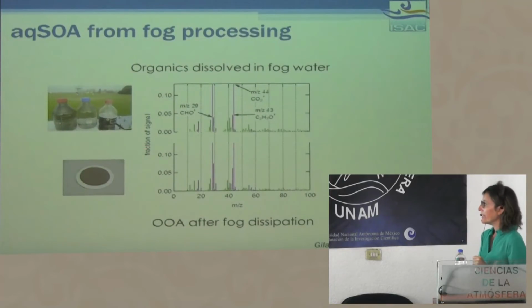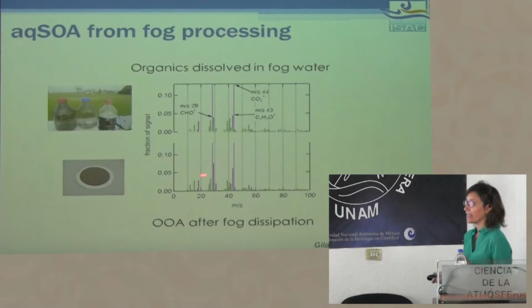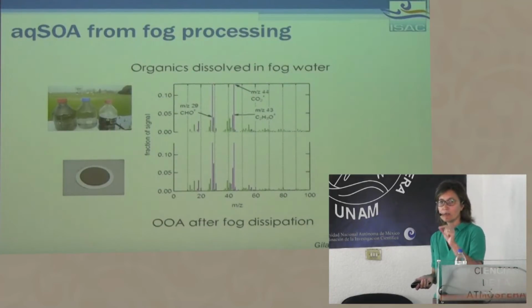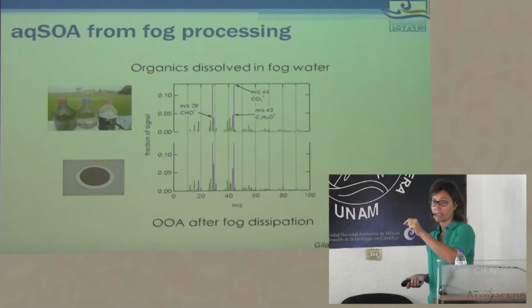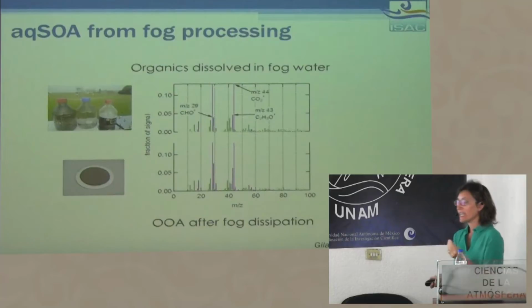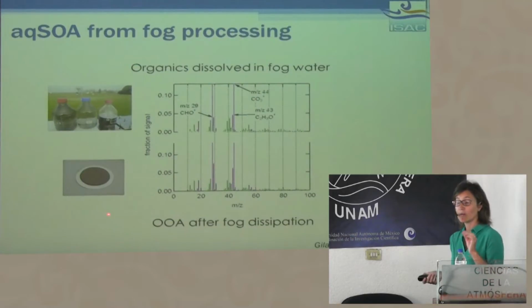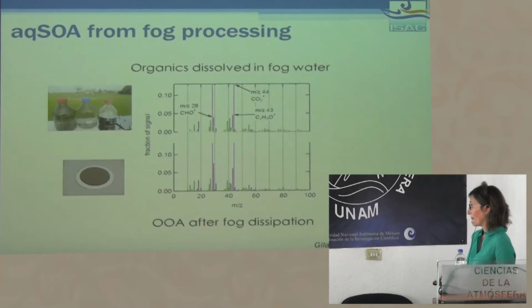So we concluded that this oxidized organic aerosol observed after fog dissipation was originally present in fog droplets, so it remains in the air after fog evaporation, and we think it is actually formed in fog droplets. So we think this is actually aqueous secondary organic aerosol formed from fog processing.